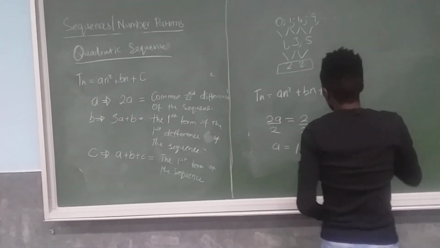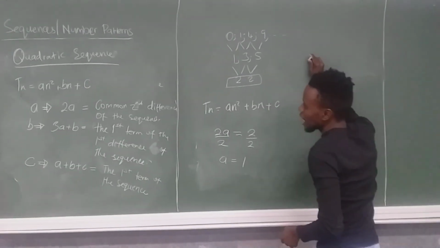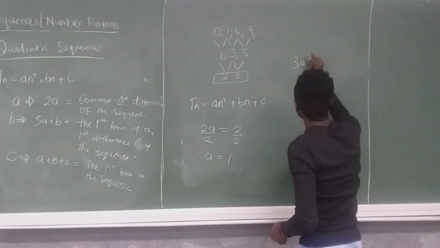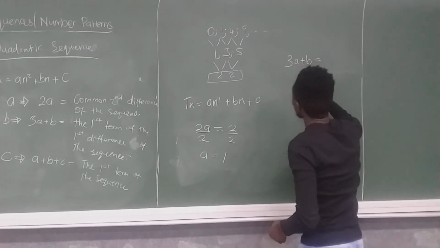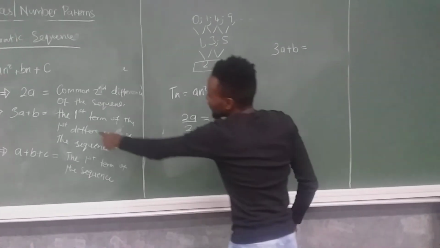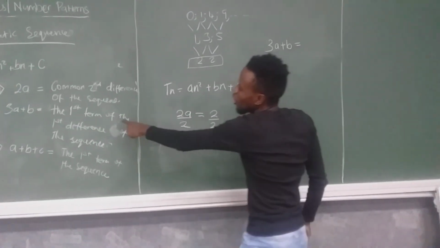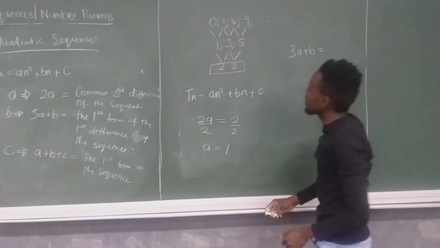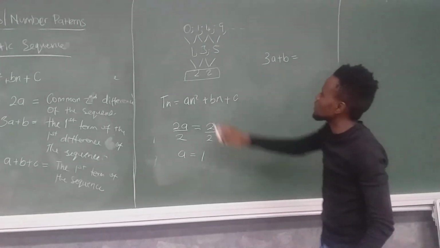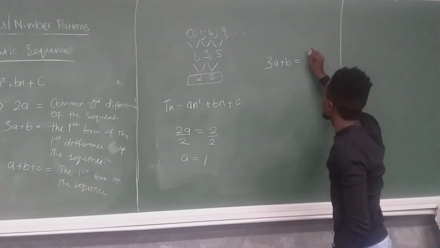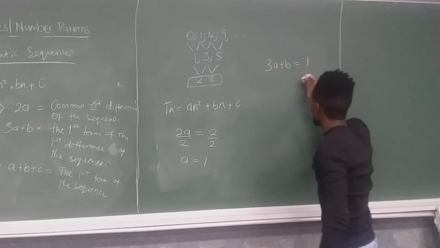And then now let us move quickly and check our b. Our b is found in this formula, 3a plus b, which is equal to the first term of the first difference of the sequence. What is the first term of the first difference of the sequence? It is 1 in this case. So 3a plus b is equal to 1.